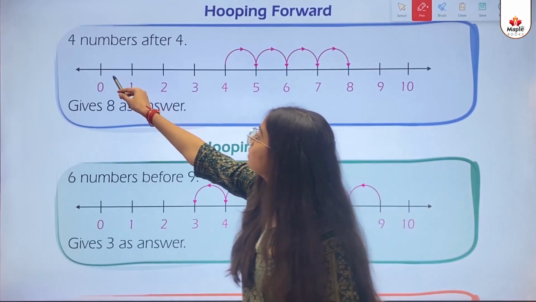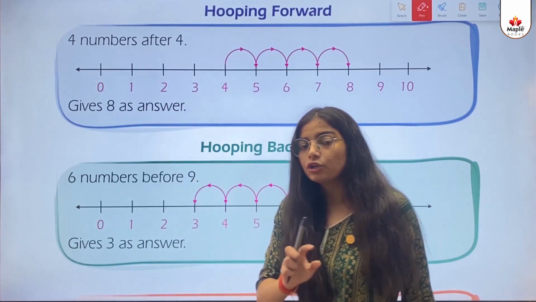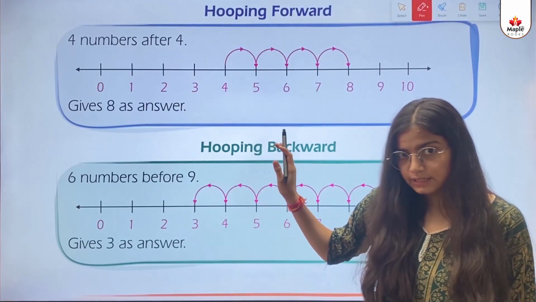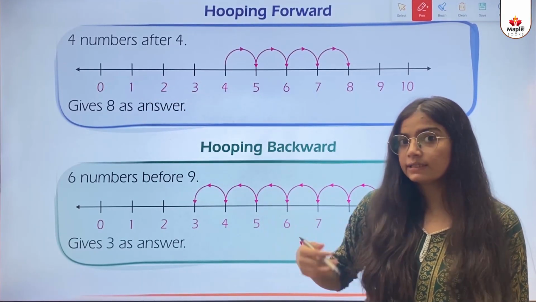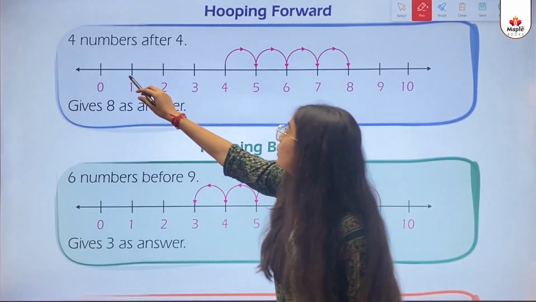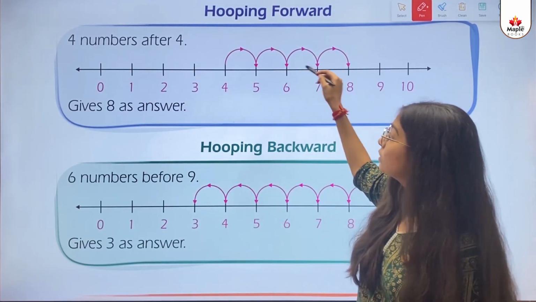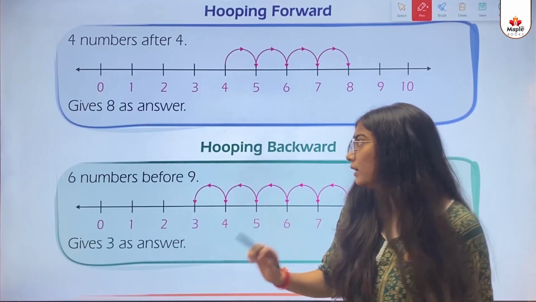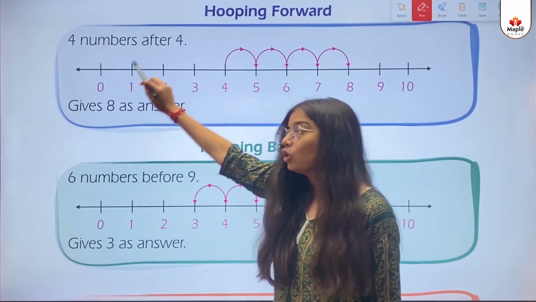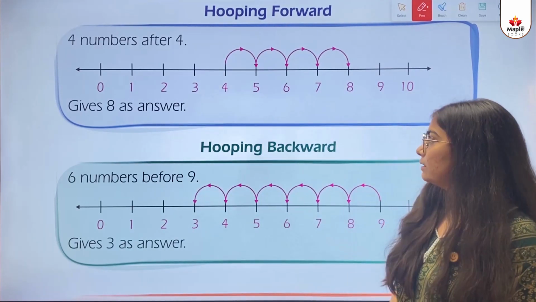These are at the same distance. Don't try to make it at a different distance. It will create hassle for you. So make it at the same distance. You can see it here. They are at the same distance. Okay. Like they have numbers ranging from 0 to 10.